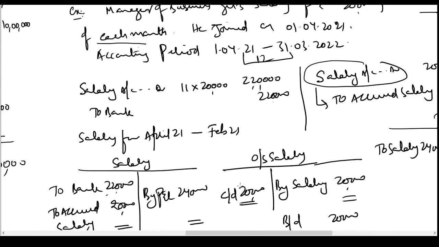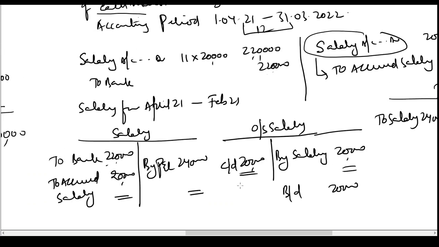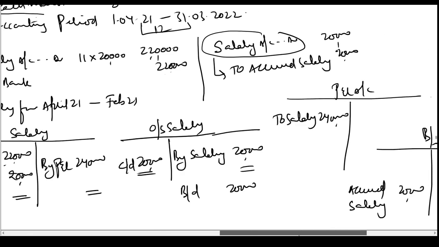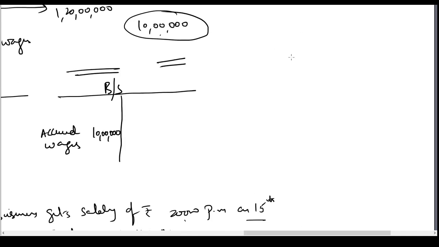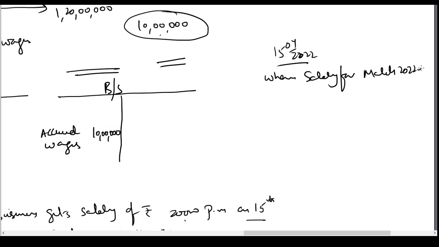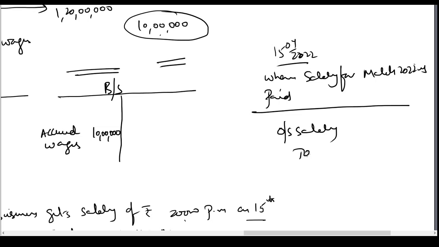Now a question might arise in your mind. What will happen in the next year? Somebody can ask a question. What happens on 15th April? 15th April 22, when salary for March 22 is paid. So what will happen on that day? On that day we will pass the entry outstanding salary account debit to bank account.